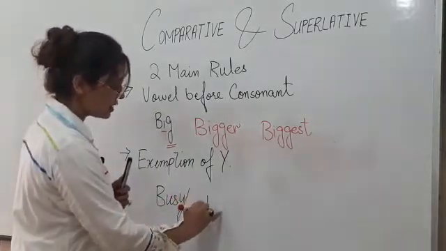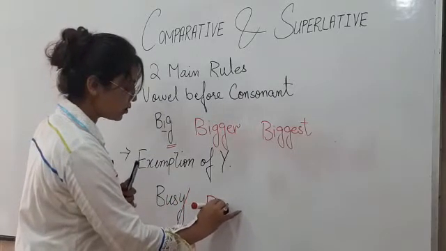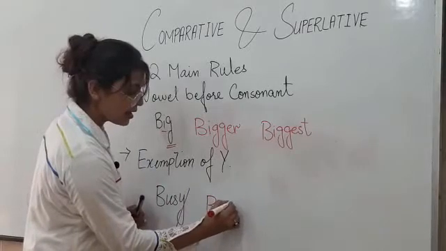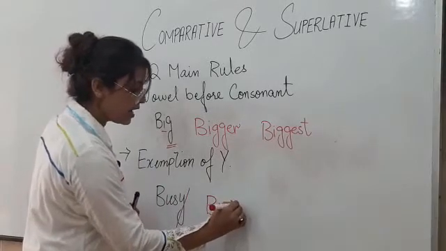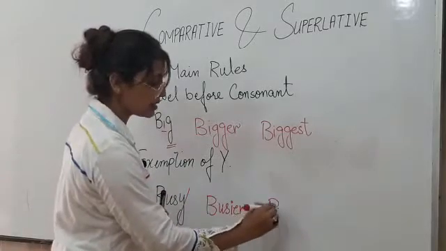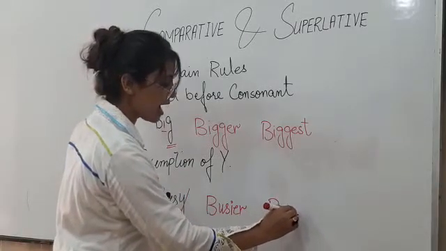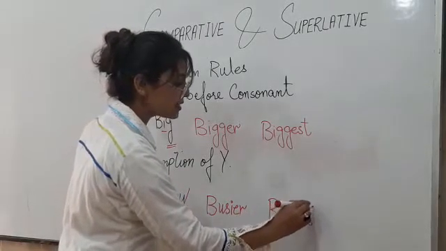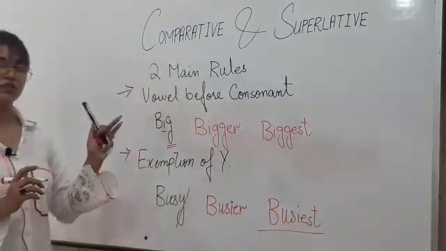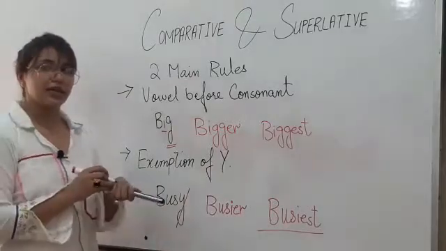We will write B-U-S. We will exempt Y and add I and ER for the comparative, and in superlative we will write B-U-S-I-E-S-T. This is how the comparative and superlative are described in your book.